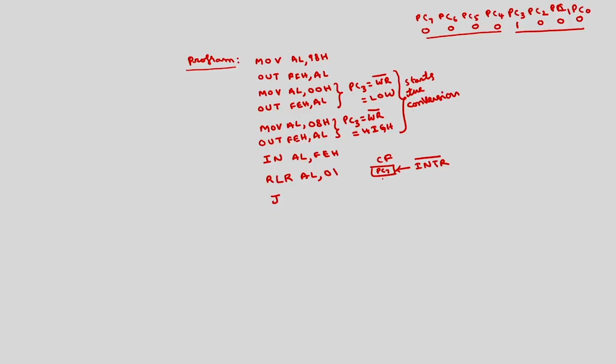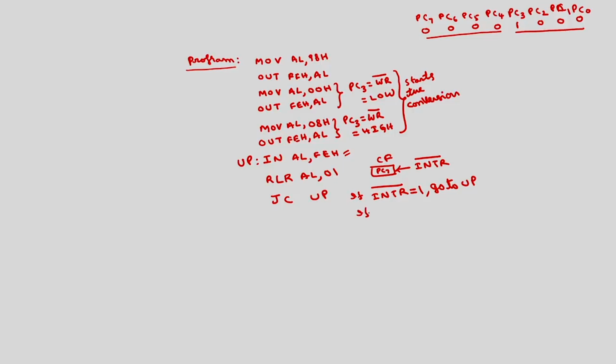So you have to wait here itself. You have to input this again, jump on carry up. You have to continuously monitor PC7, which is equal to INTR bar. If INTR is equal to 1, it will go to up, meaning the conversion is not yet over, and you have to wait in a loop.